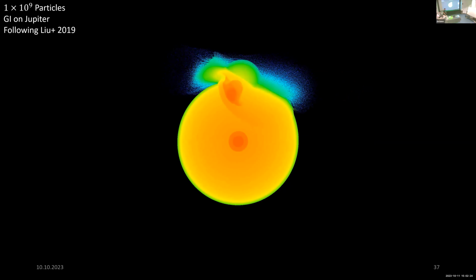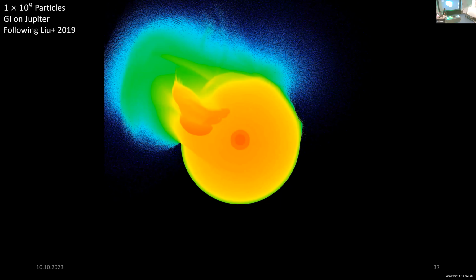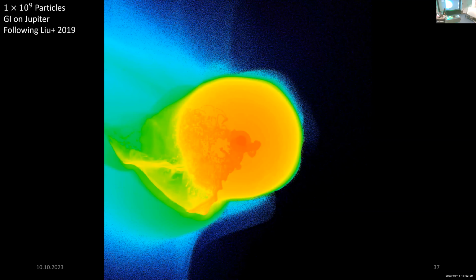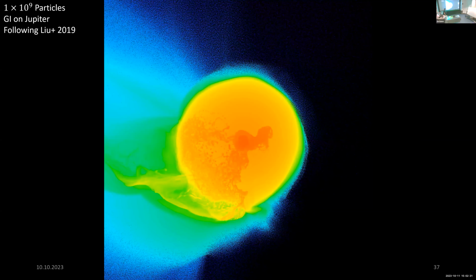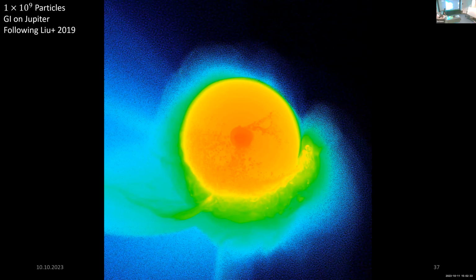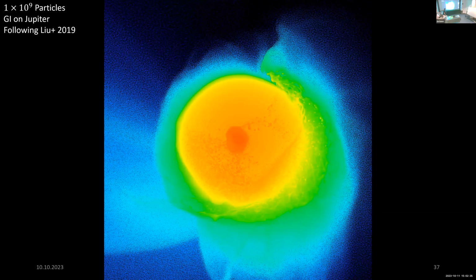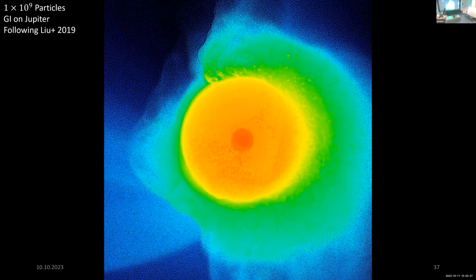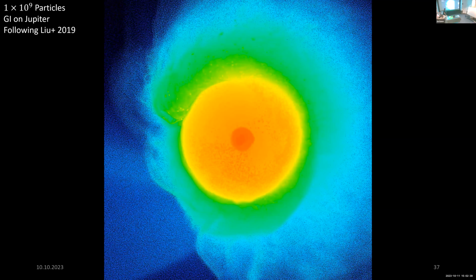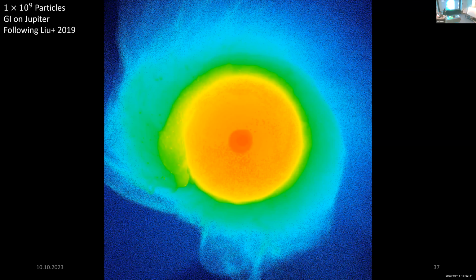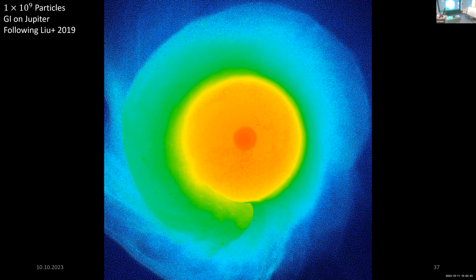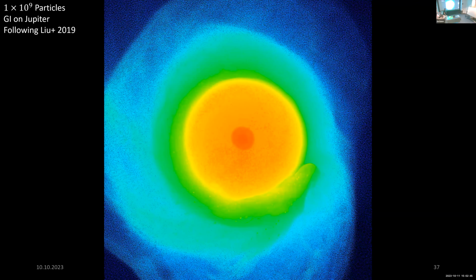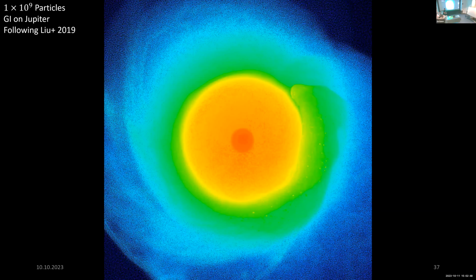And they collide. You have this shockwave that travels around the planet multiple times. Well, after the talk, you can view it on my laptop.